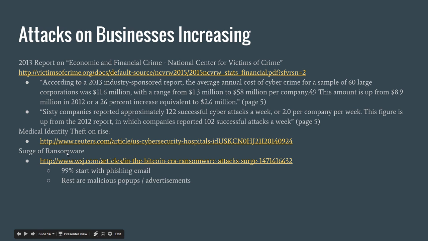Additionally, there's been a large surge of ransomware since the last time I taught this course, and 99% of them start with phishing emails, and the rest are delivered through malicious pop-ups and advertisements, say for fake antivirus, or pop-ups saying, your system has been infected, download this and we'll clean it up. That's an example of fake AV.